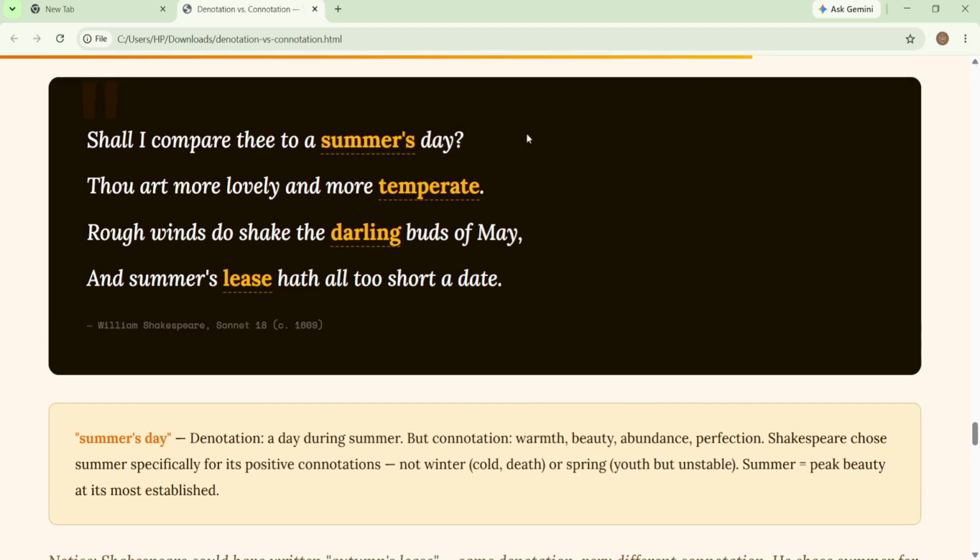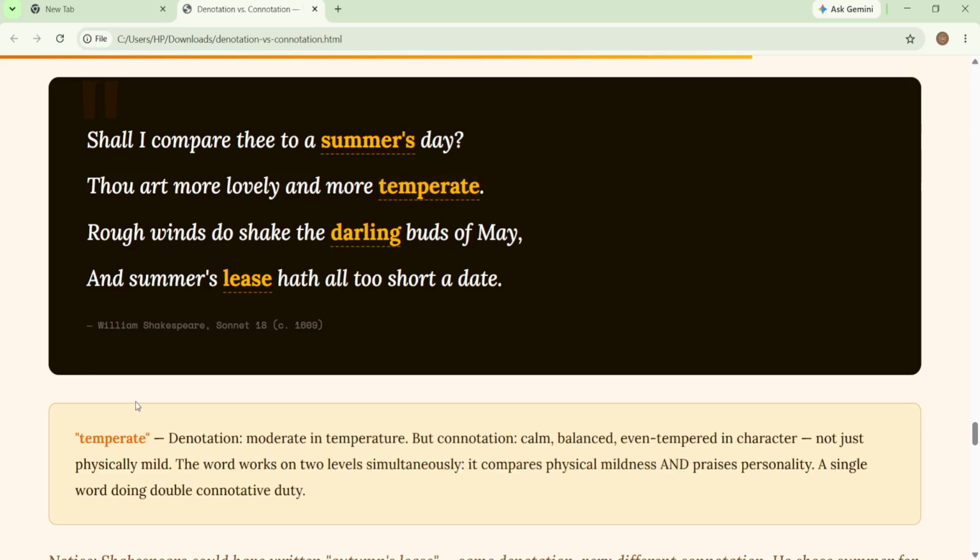So, Sonnet number 18. Shall I compare thee to a summer day? We have looked at summer. Thou art more lovely and more temperate. Temperate, denotation is moderation, moderate in temperature, but the connotation is calm, balanced, even-tempered in character.